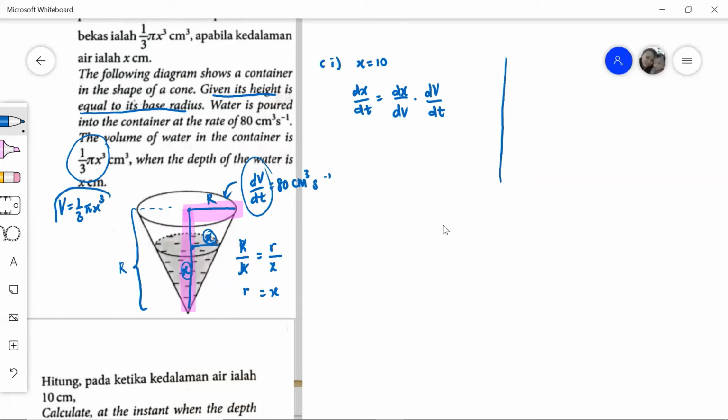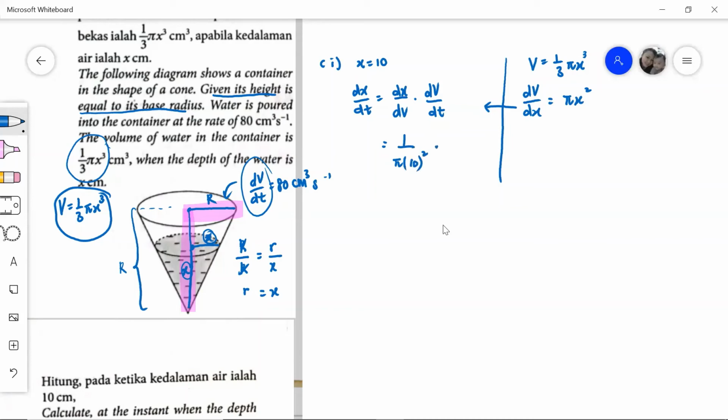Next, we have to think how to find the equation that relates V and x, which is given here. We have V equals 1/3 pi x cubed, and therefore differentiating V with respect to x, we will have pi x squared. So let's put this one in here. Instead of dV by dx, we have to write dx by dV. So 1/pi x squared. The x is 10, so let's just put the 10 in.